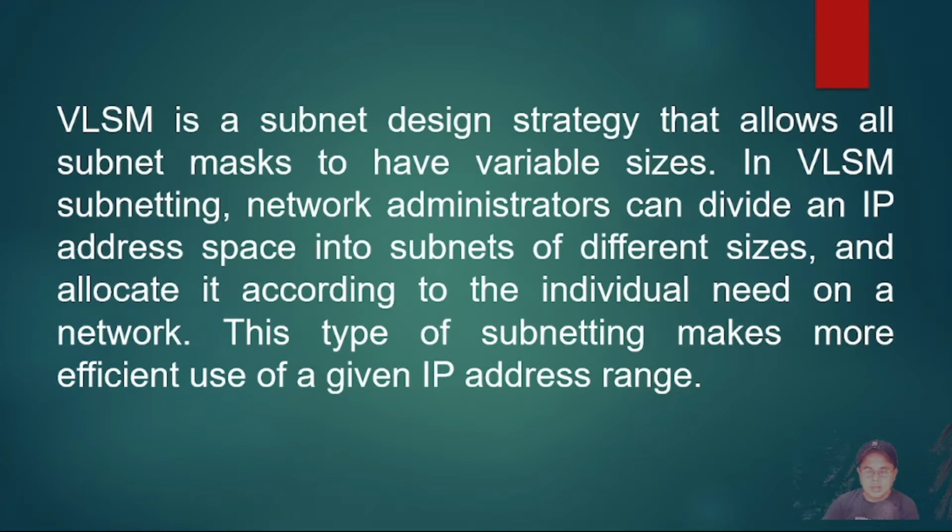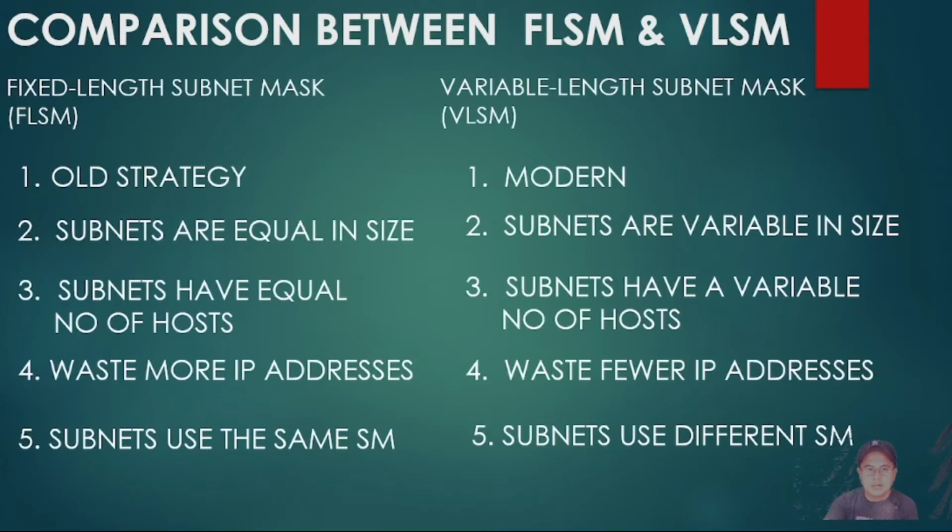Alright, so now what is the comparison between the fixed length subnet mask and the variable length subnet mask? Ordinarily, if you're going to subnet a particular network ID, the fixed length subnet mask is an old strategy, and the variable length subnet mask is the modern technique, or the modern strategy in designing an IP addressing scheme.